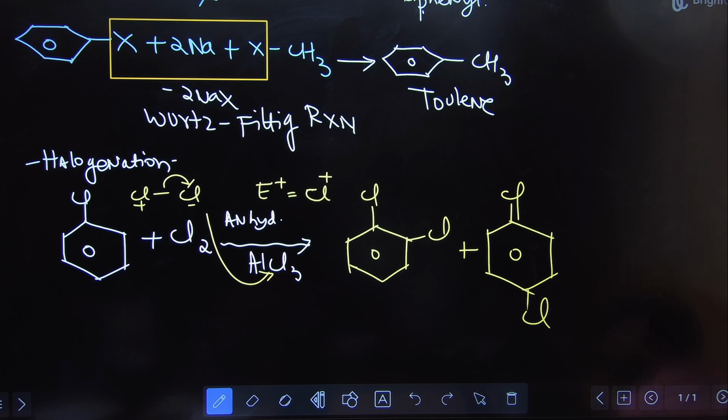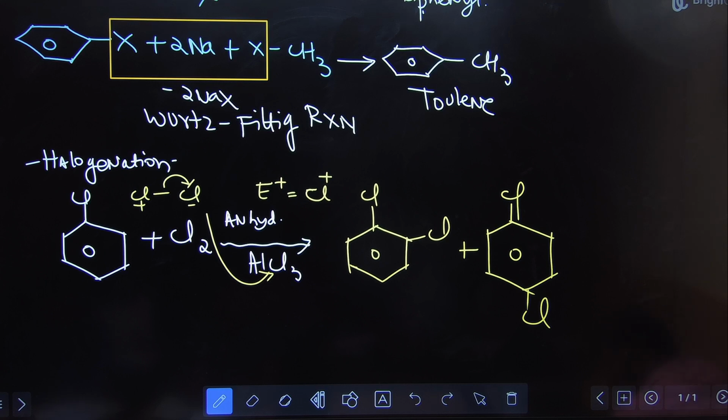If you want, you can say orthochlorochlorobenzene, right? You take the whole chlorobenzene, one of it, and you can say orthochloro. Here it's parachlorochlorobenzene. But when you use ortho and para terms, it's a common name, not the IUPAC name. So you need to stick with the IUPAC name. Clear, everyone? In the exam, generally they ask about the IUPAC name.